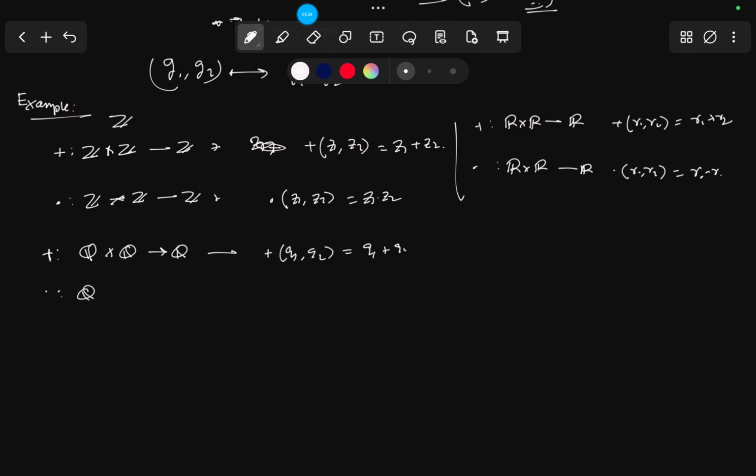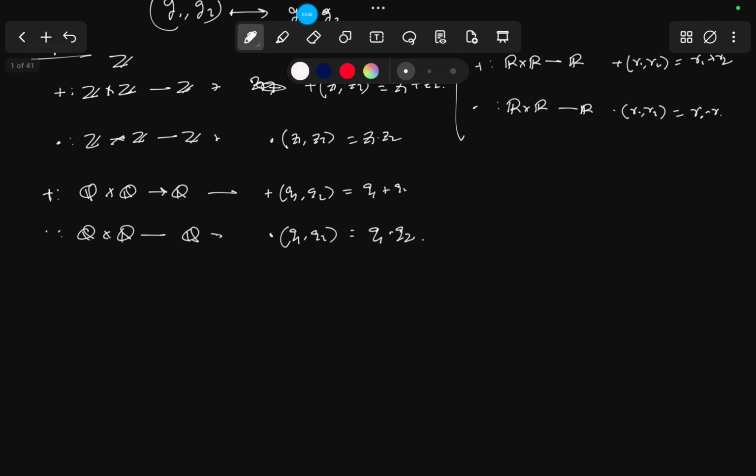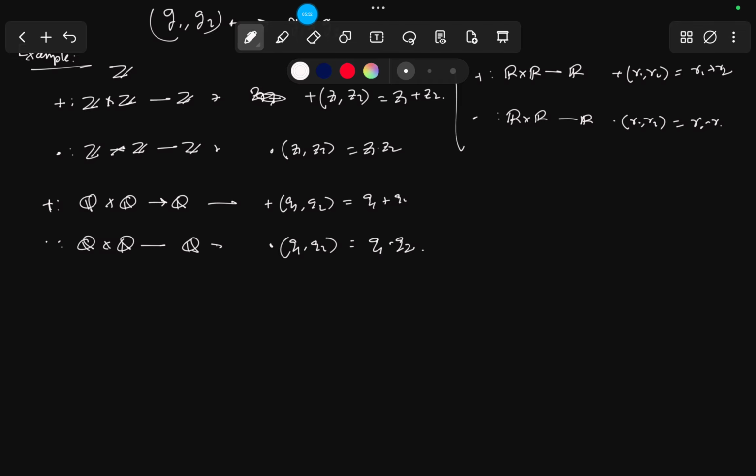Again, dot from Q cross Q to Q, dot of q1 comma q2 goes to q1 dot q2. Okay. There are more examples where you can work with the same thing over C, the set of complex numbers, and so on. Through the entire course, we'll be getting familiar with more binary operations gradually.